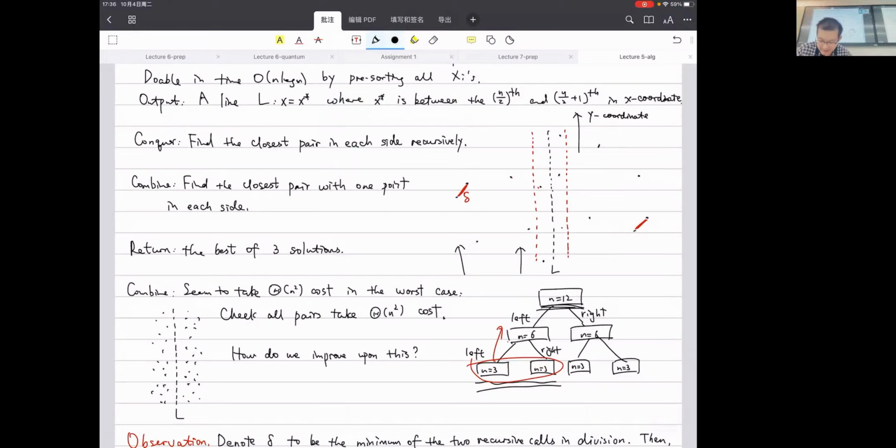For instance, assume that we know it is x1, y1, x2, y2, etc. Assume the points x1, x2, x5 pop out. You know a corresponding order of y here. Maybe previously you know that y1 is larger than y5, larger than y2 here. This is an order that is already given to you.